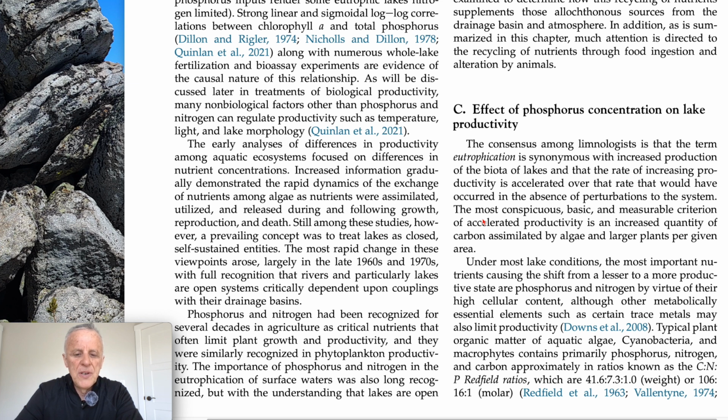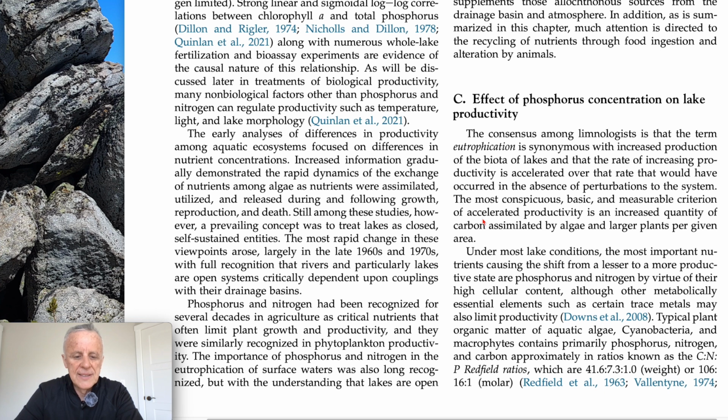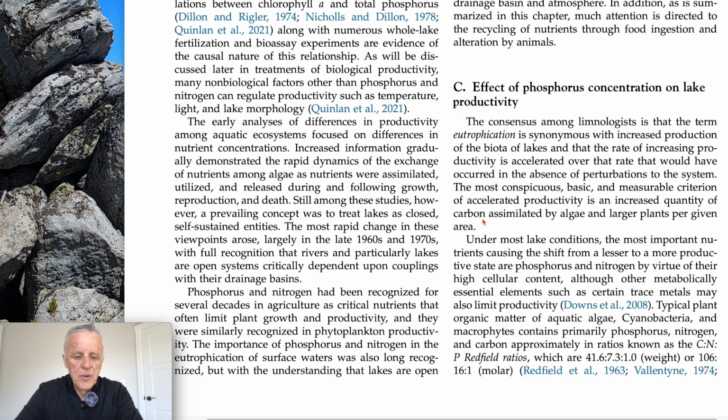The most rapid change in these viewpoints arose largely in the late 1960s and 70s, with full recognition that rivers, and particularly lakes, are open systems critically dependent upon coupling with their drainage basins. Phosphorus and nitrogen had been recognized for several decades in agriculture as critical nutrients that often limit plant growth and productivity, and they were similarly recognized in phytoplankton productivity.